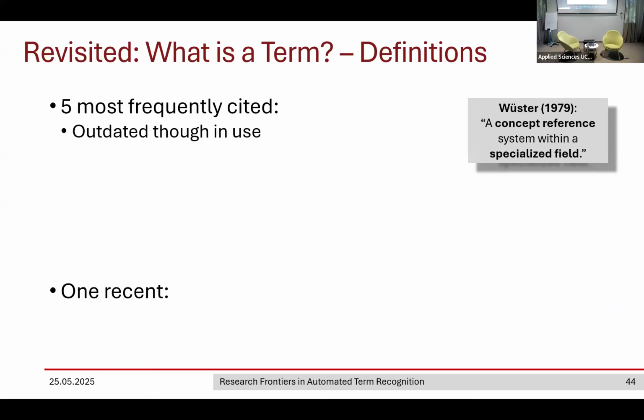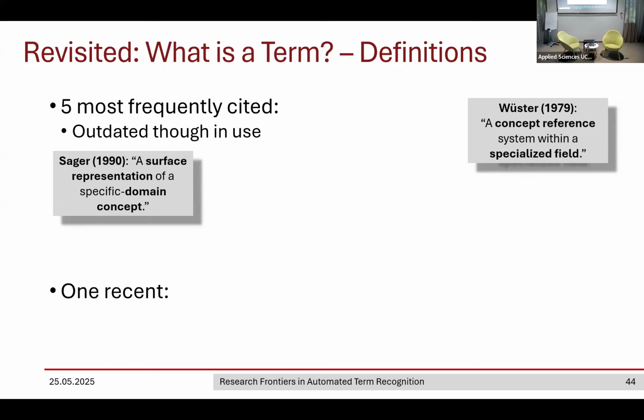I've ordered them chronologically, and perhaps one of the first came in 1979, Rister, saying that a term is a concept reference system within a specialized field. So pointing to semantics.